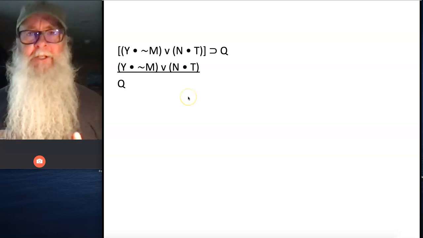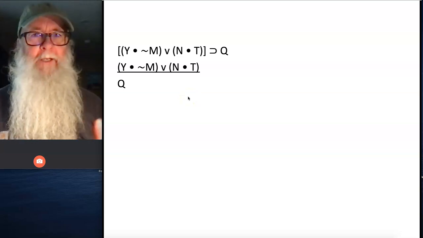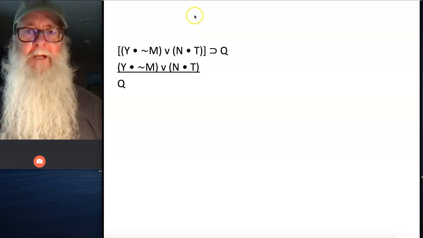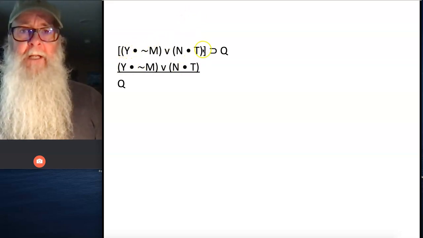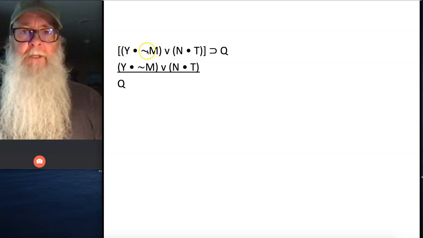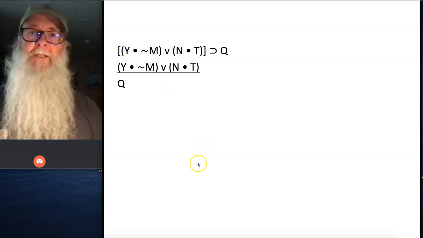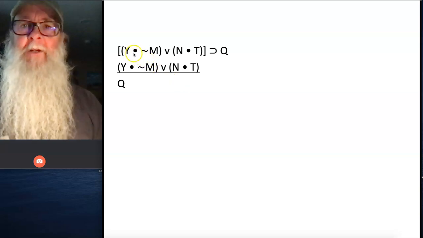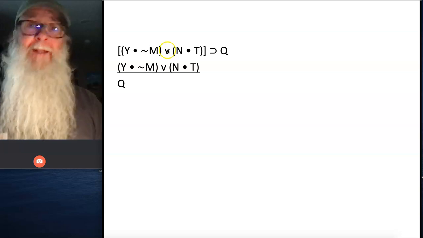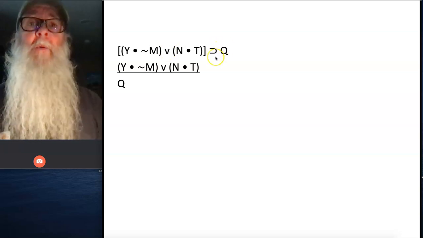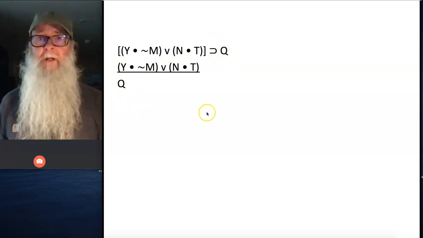Okay, now we want to look to see, okay, so what's actually happening here? What's the relationship between these premise statements? And what we'll notice is that the second premise is identical to what appears on the left-hand side of the horseshoe. So what the second premise is doing is it's saying, I'm affirming for you that what appears on the left-hand side of the horseshoe in the first premise is true, and then the argument claims, and because of that, what appears on the right-hand side would also be true.